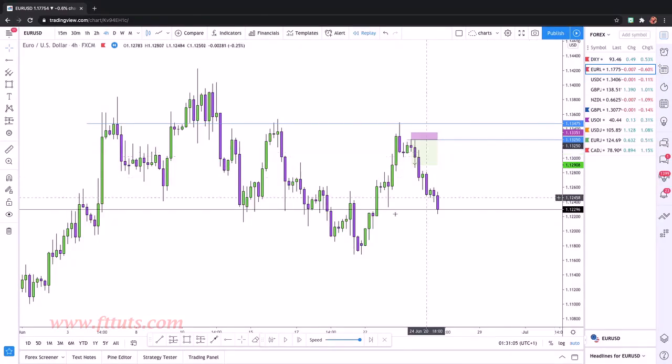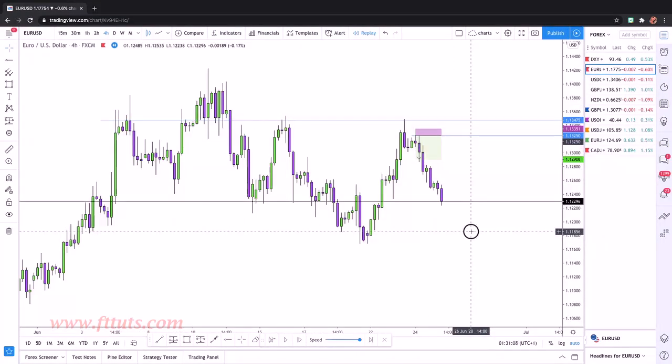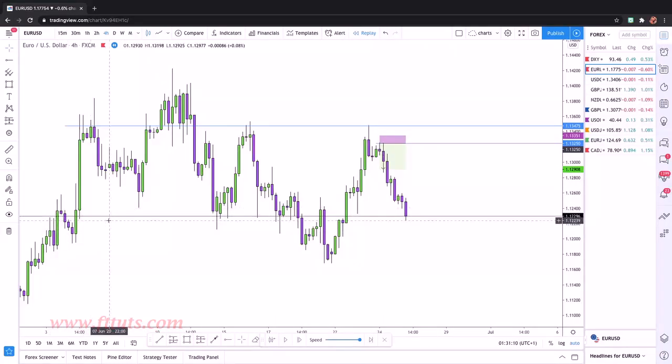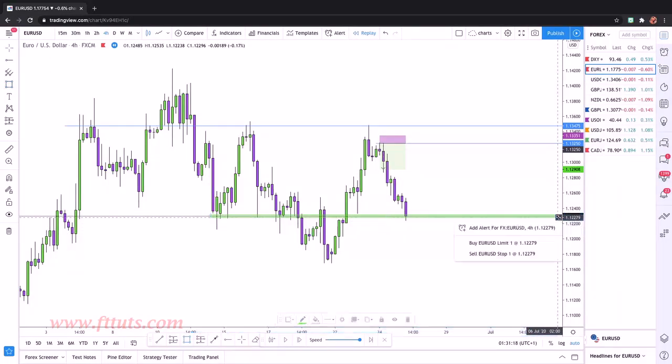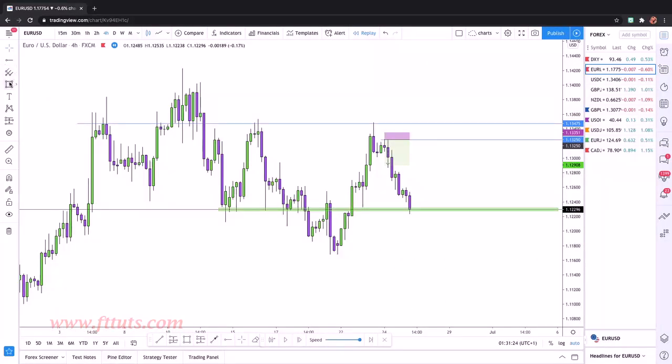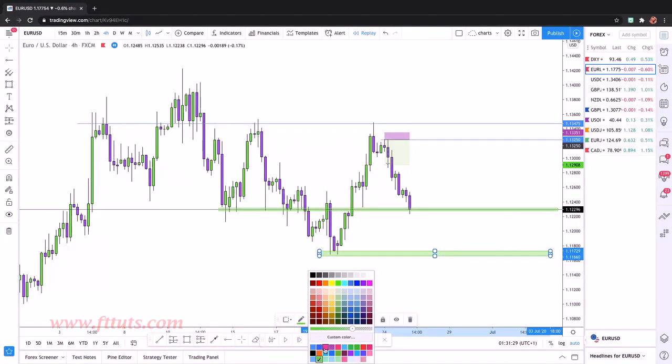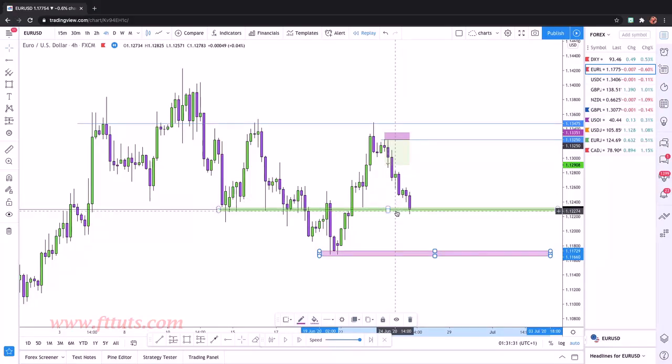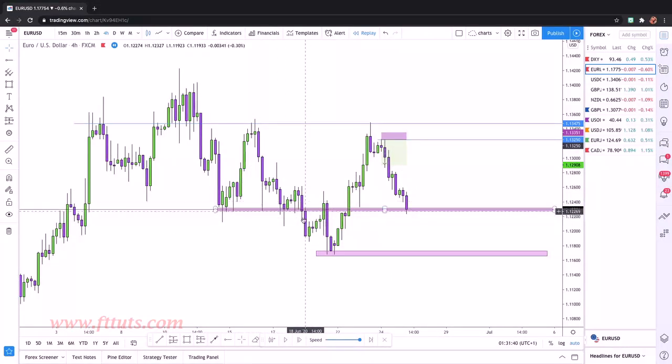So where is our target? We want to look at what price is telling us from previous. We have rejection in this area, and then we have rejection here. Sorry, I need to make the colors different for resistance and support.